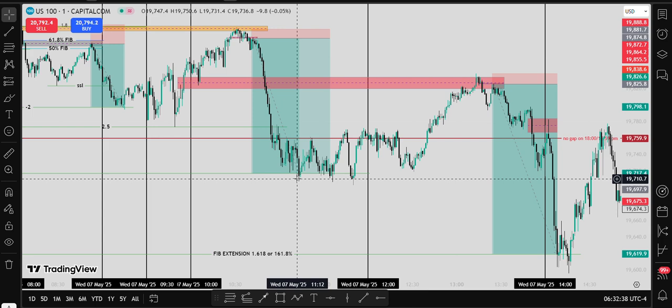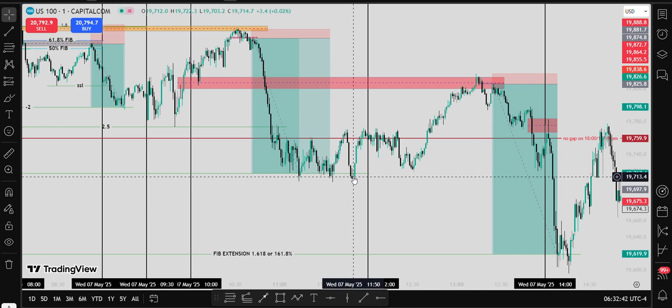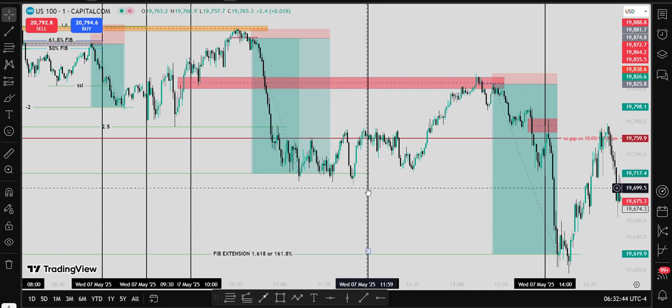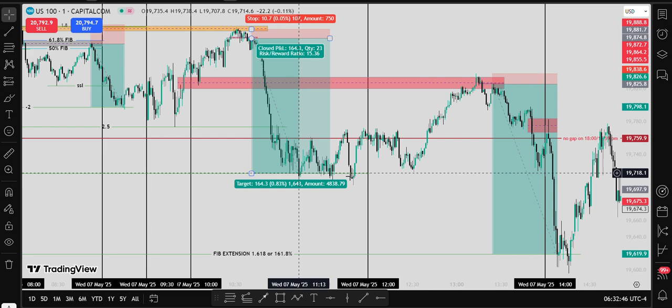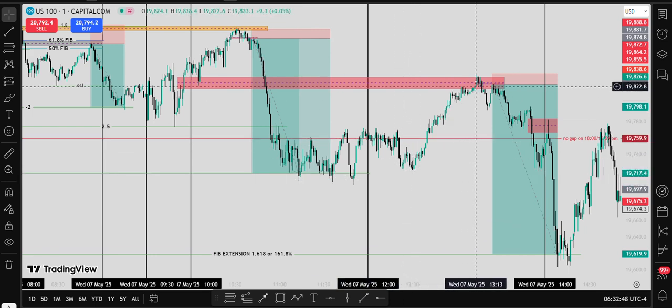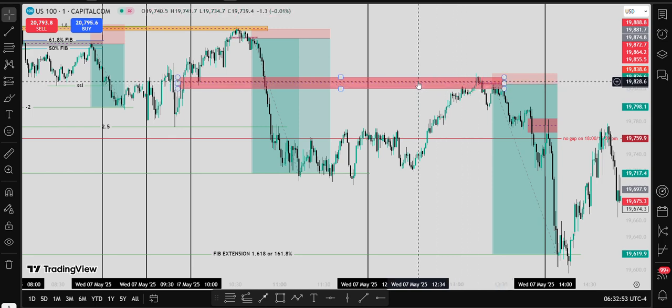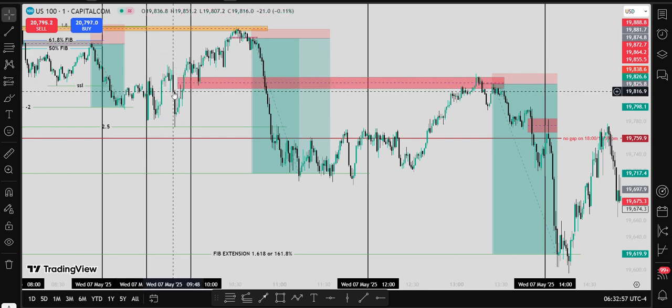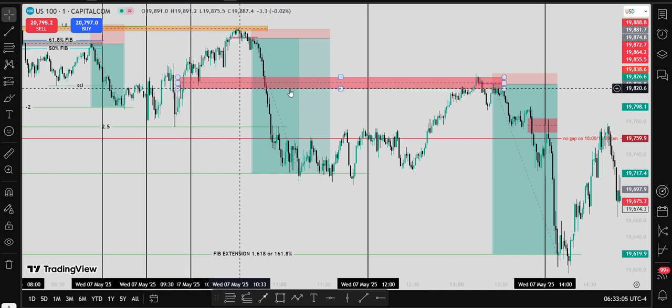After that, in the PM session, now that is in the afternoon, after this consolidation, the market retraced further, and you can see clearly that there is a pink rectangle in the middle that comes from this BC formed during the market open.